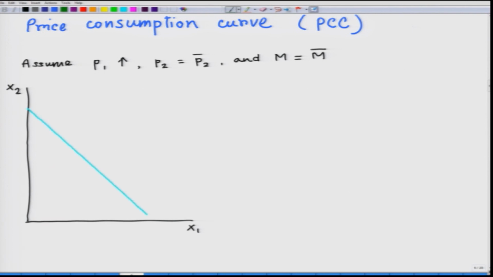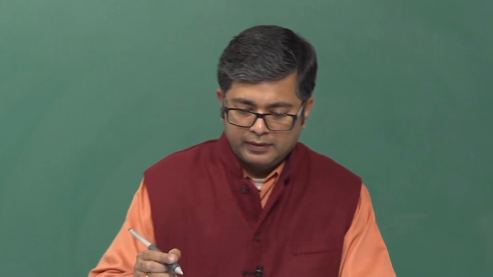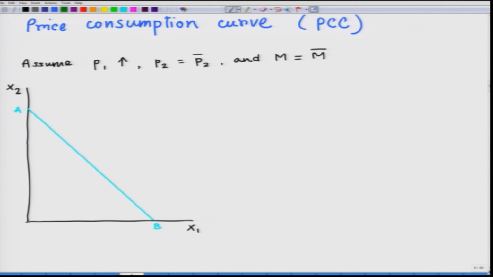So, we start with the initial budget line, say AB. With a high price, the consumer will be able to purchase lower units of commodity 1. So, that means we are expecting a lower level of intercept along the axis of commodity 1. So, with a price rise, the budget line will now rotate from this point A, it will rotate inwards, and this time it will create a lower intercept along the x1 axis.